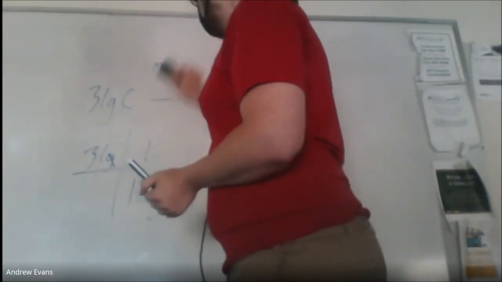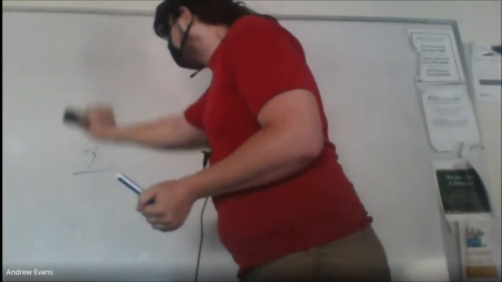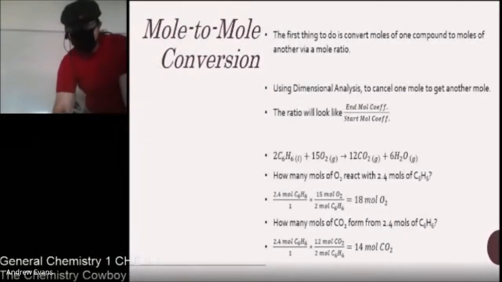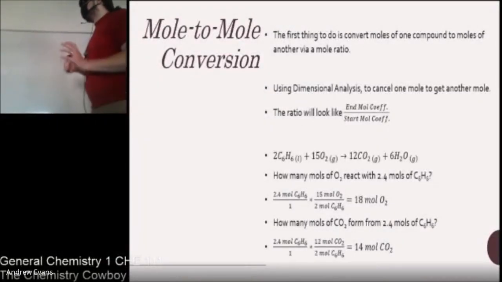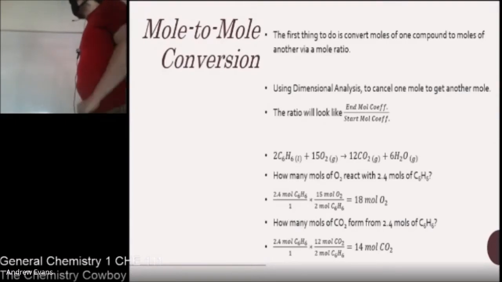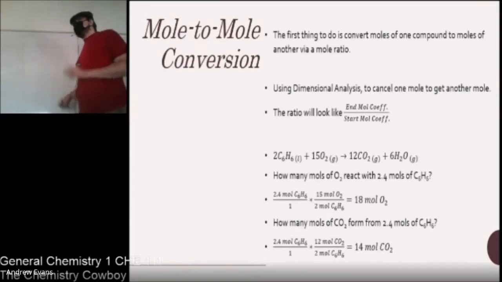Now, why did we have to take this trip to memory lane back to chapter 3? Because we are coming back to here. That's where we're going to. The first thing we'll learn is the mole to mole conversion. So right there, I said moles. But to be all accurate, I should have said moles of carbon per grams of carbon.